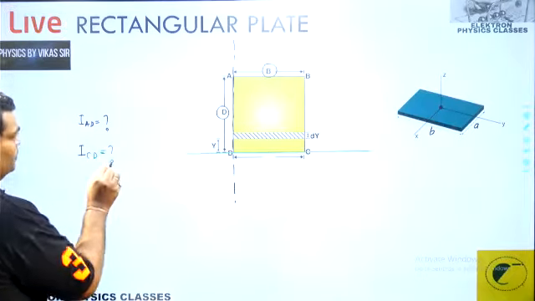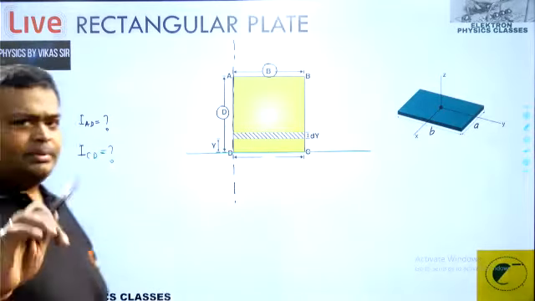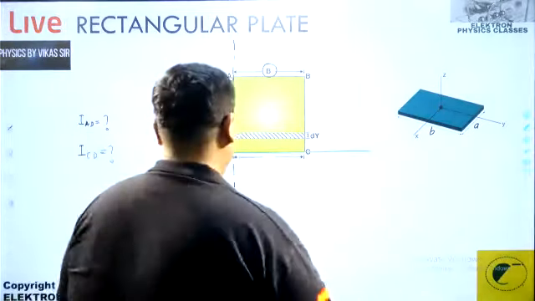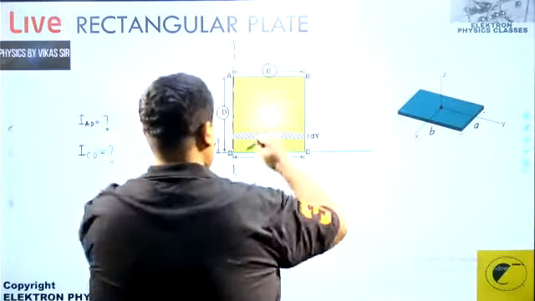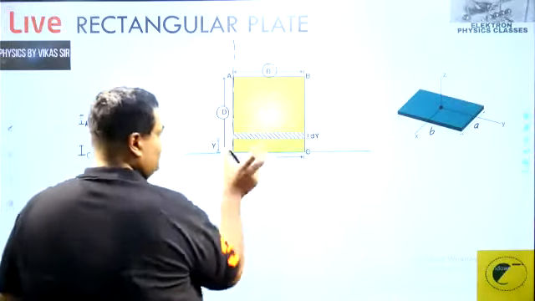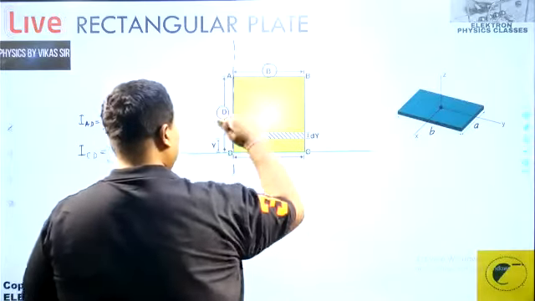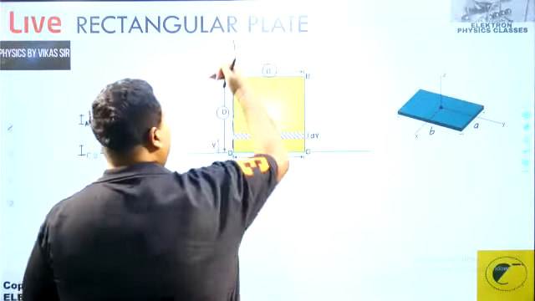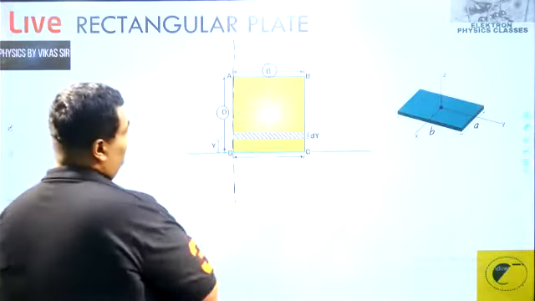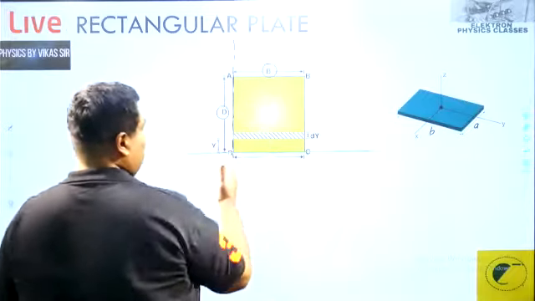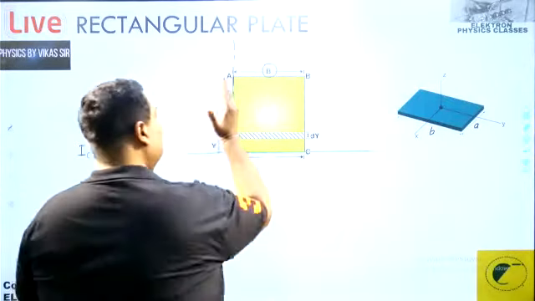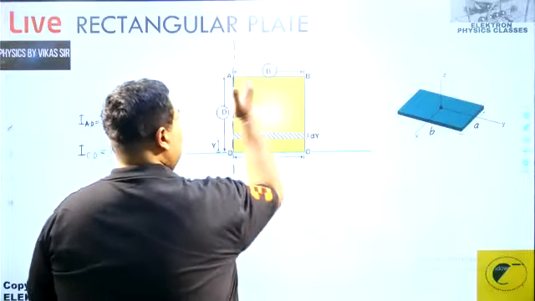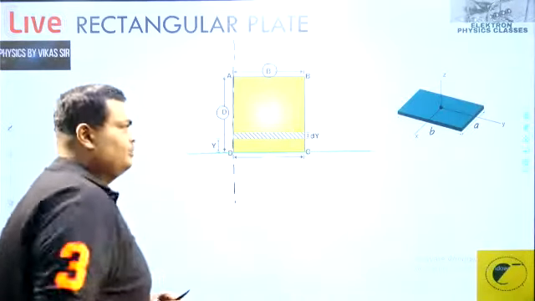So how do I find it out? I can of course use a strip. I can use a strip from here and integrate it over there like this. As I will be moving this strip with respect to CD, the limits will go from 0 to d. And if I need to integrate about this axis, I will be taking a vertical strip and integrating it from this end to this end, so the limits will be from 0 to b.